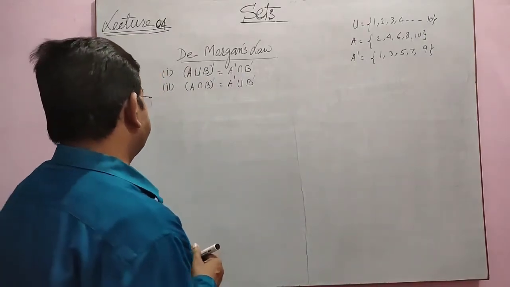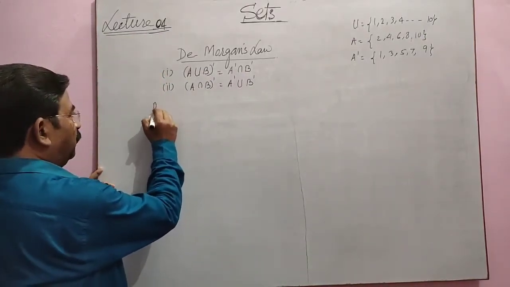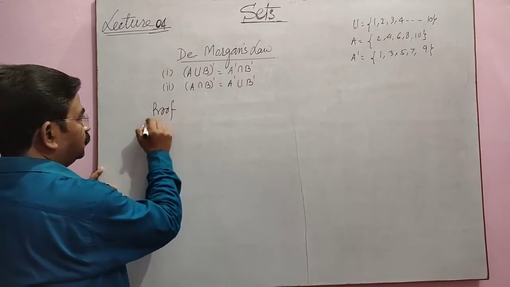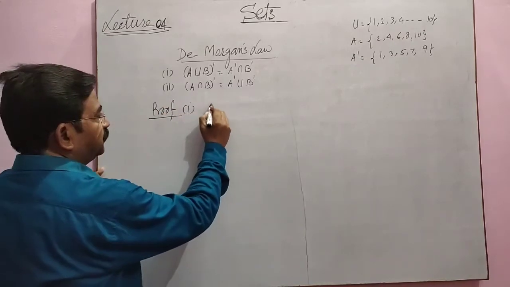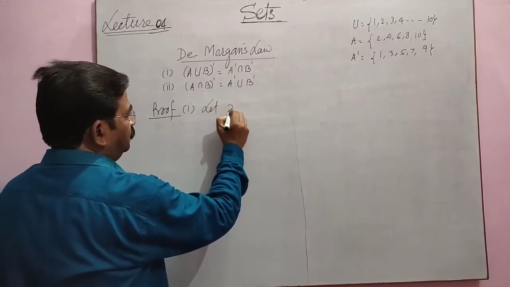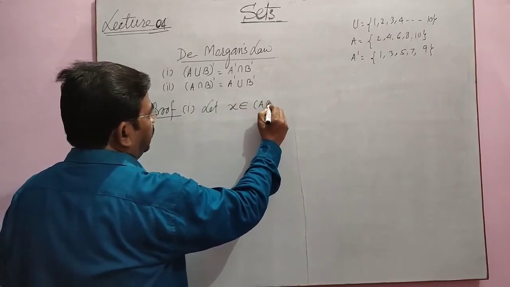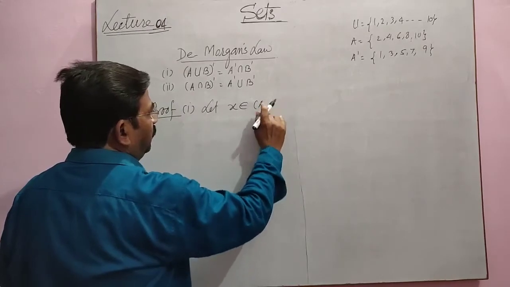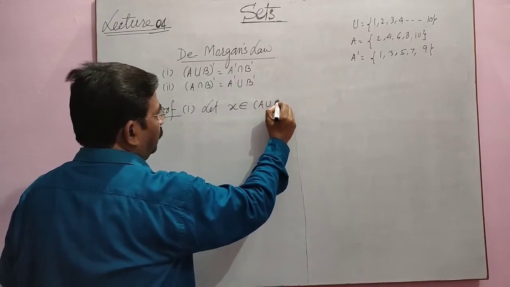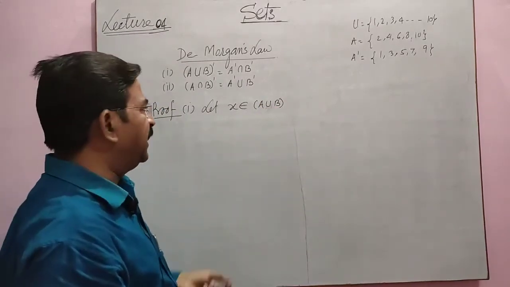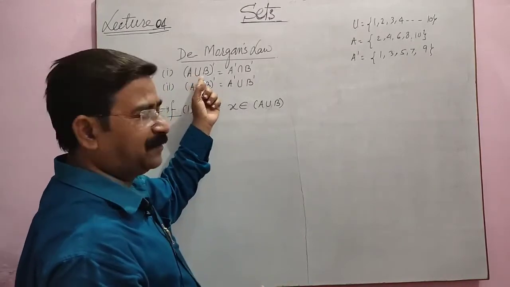Now let's see. I am going to prove the first one. Let X belong to A union B. X is any element, I am taking the left side.